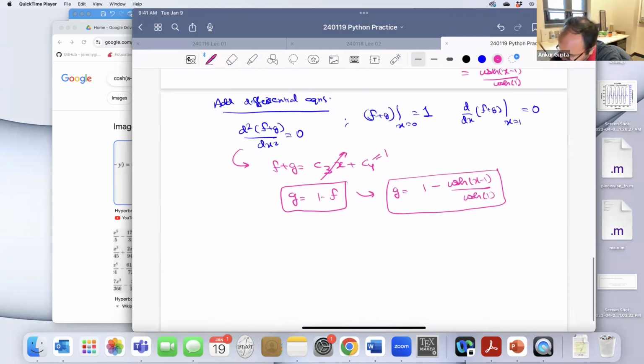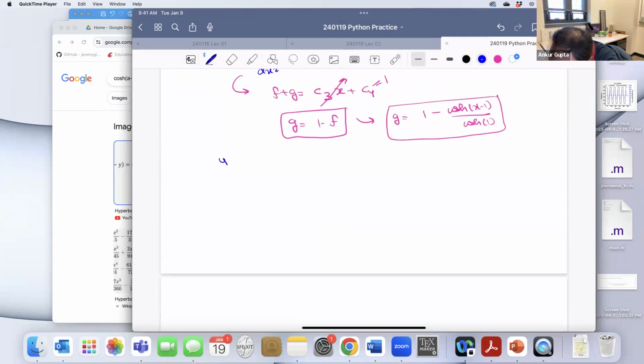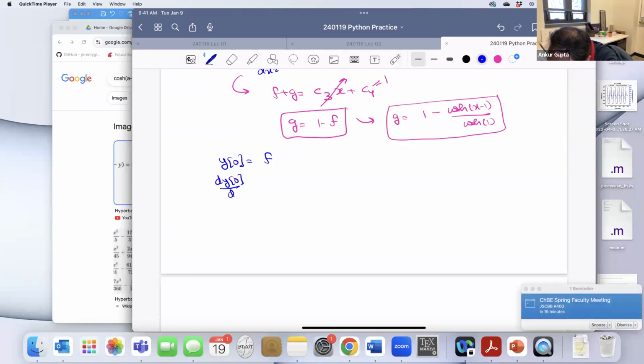So in our Python code, we'll define y0 as f, and y1 as df by dx, or rather dy0 by dx.